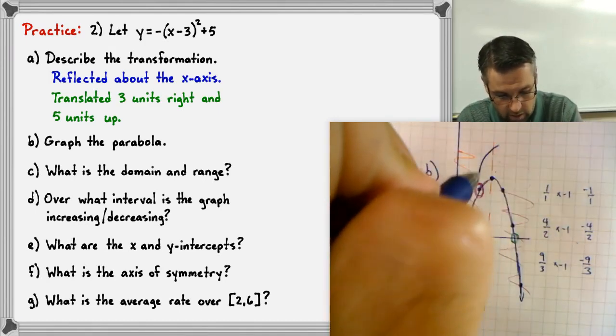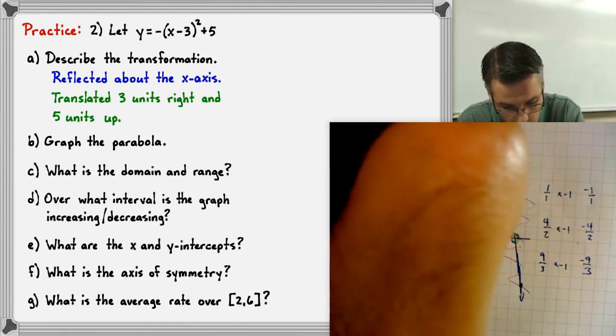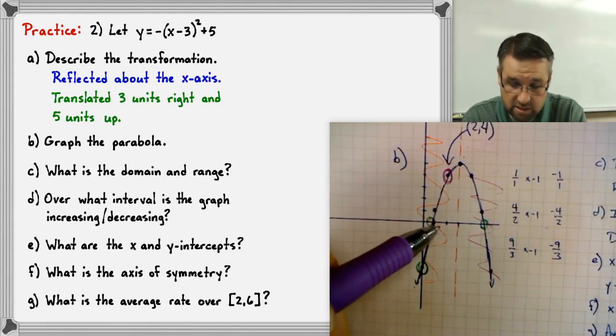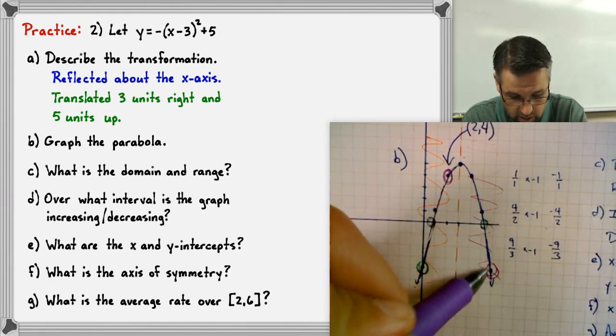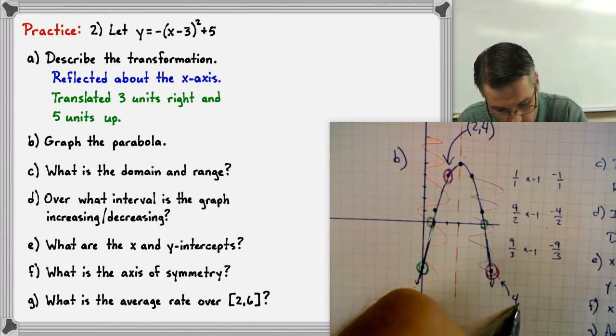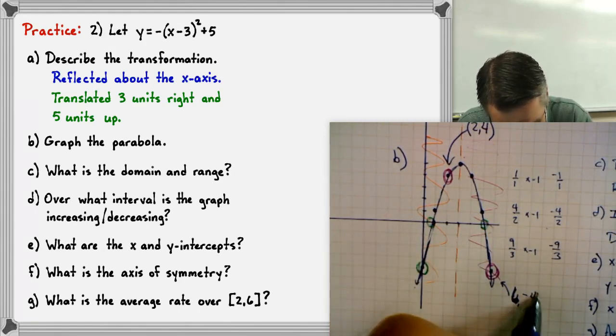That coordinate is 2, comma 4, okay? And then for x equals 6, we got 1, 2, 3, 4, 5, 6. That's this point here, and that coordinate is going to be 6, comma, negative 4. Okay?